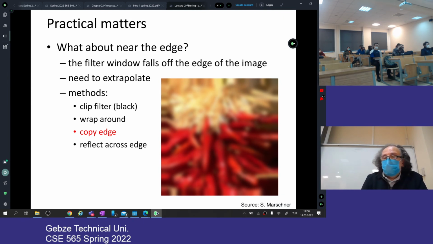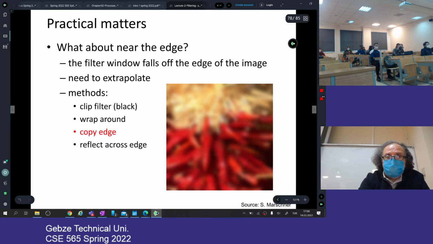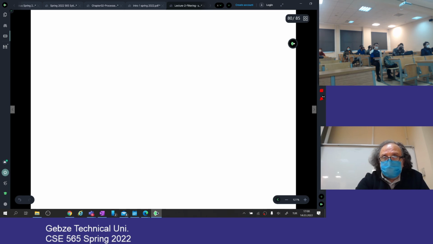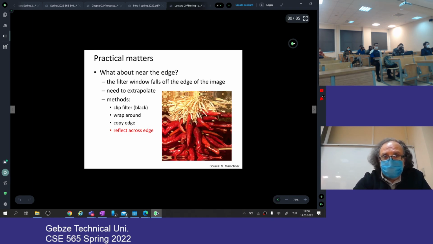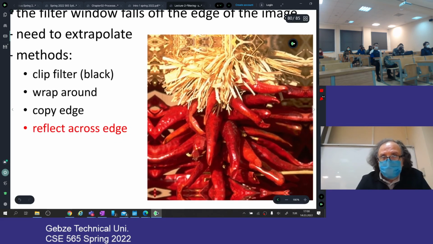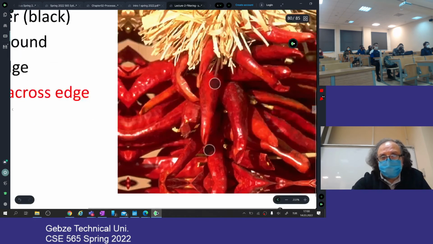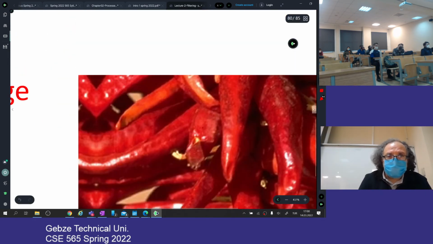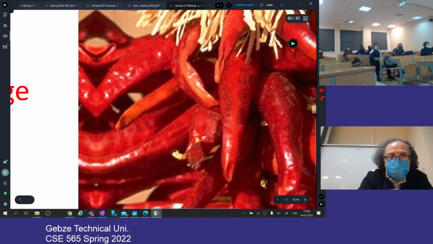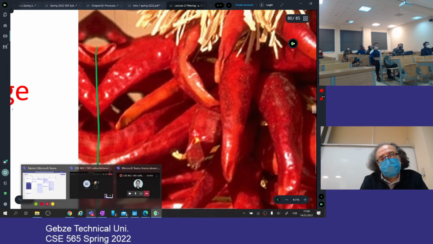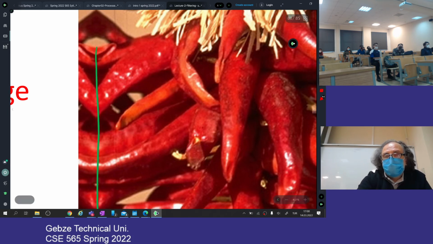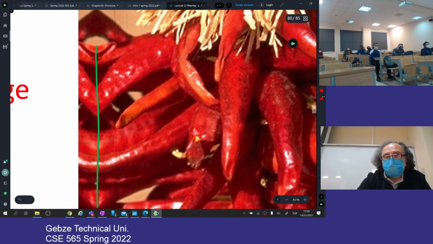Okay? And the final one is the reflection or the mirroring. This is what you do with the last one. Okay? Did you understand what's going on? Let's look at this part. This is the original border. So I am just copying this part to this part, right?